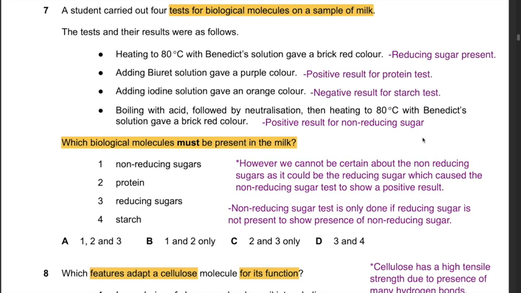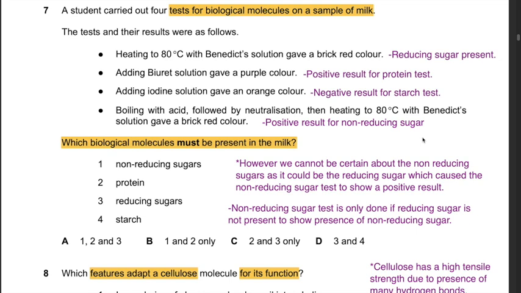Because the non-reducing sugar test can give a positive result for the reducing sugar which was already present in test 1. Therefore, we have to consider that non-reducing sugars is not present in the milk, because the non-reducing sugar test is only done if reducing sugar is not present. If the test for reducing sugars gave a negative result, that is, if the first test didn't give a brick red color but a color such as blue, that means reducing sugar is not present.